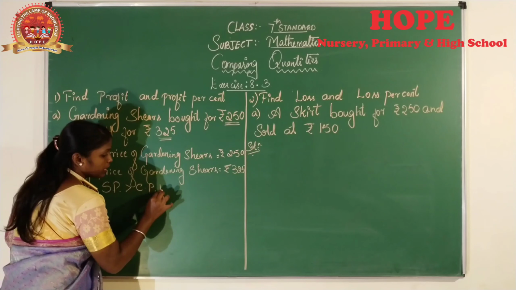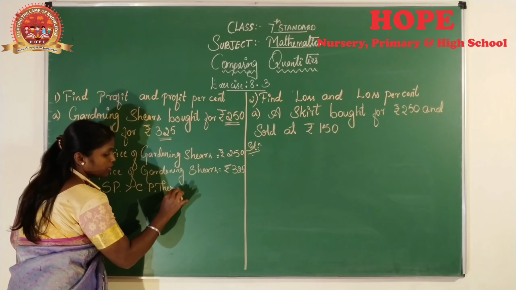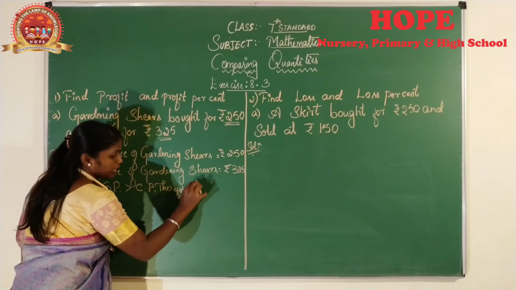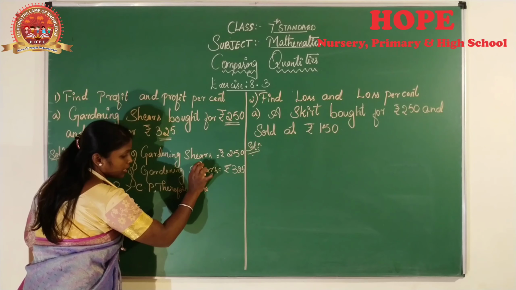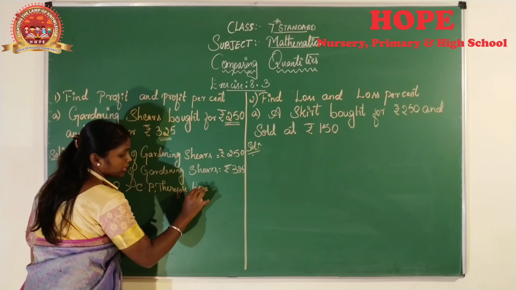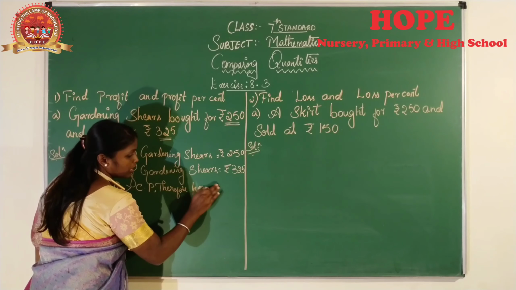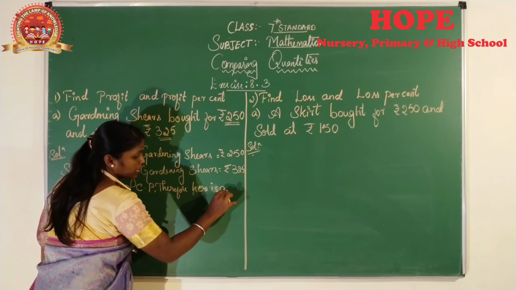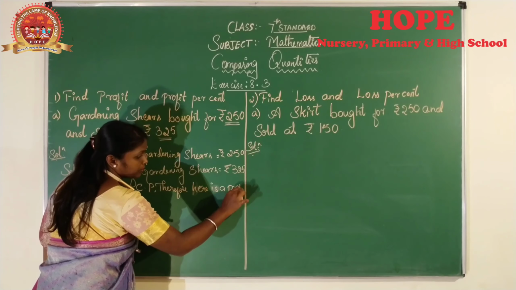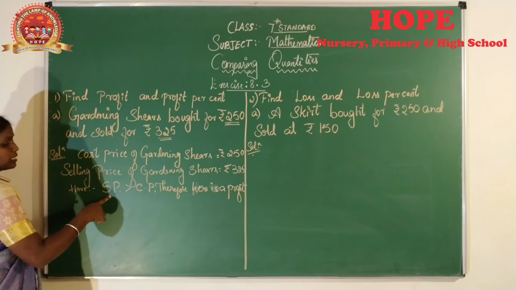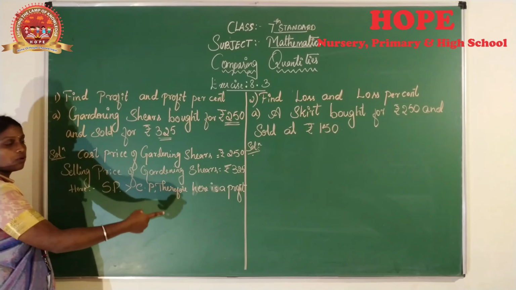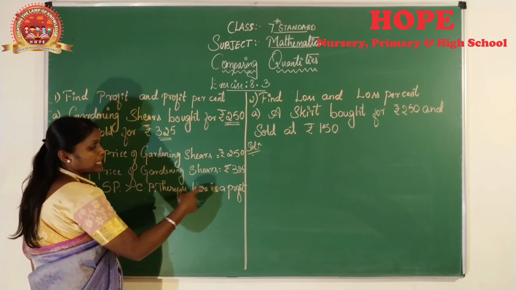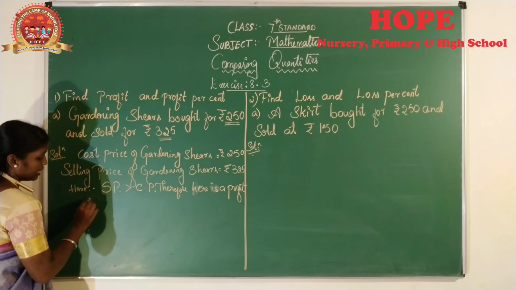So we come to a conclusion. Therefore, here is a profit. SP is greater than CP, so we conclude that there is a profit.